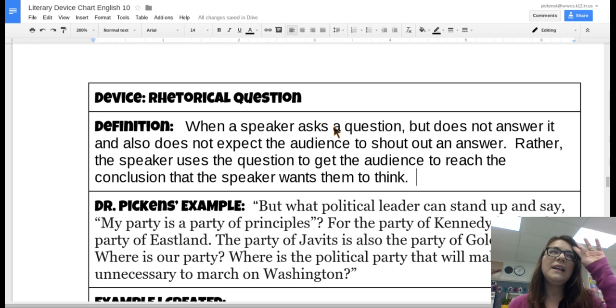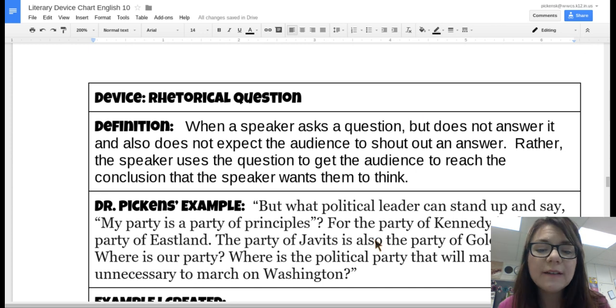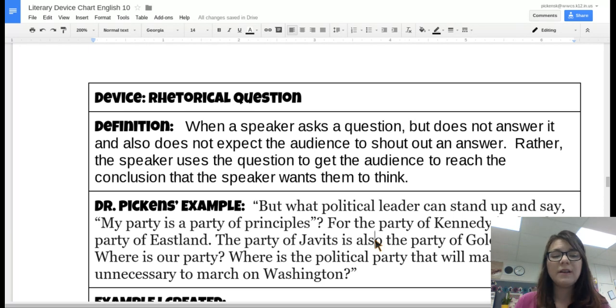Let's say you have a really strong opinion about something, but you don't want your audience to think that you're bullying them into thinking a certain way. By asking a rhetorical question, you're softening what you're saying to the audience. But hopefully you're also getting them to think the way that you want them to.